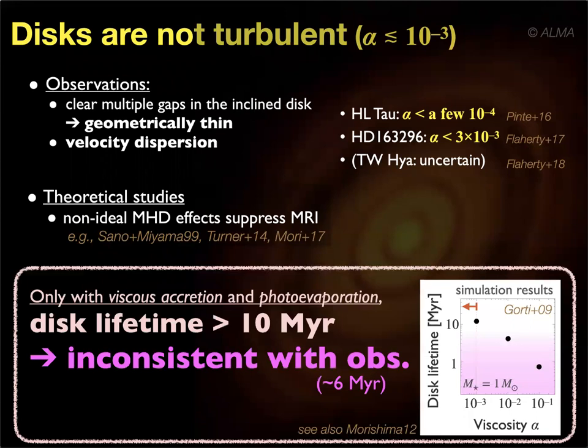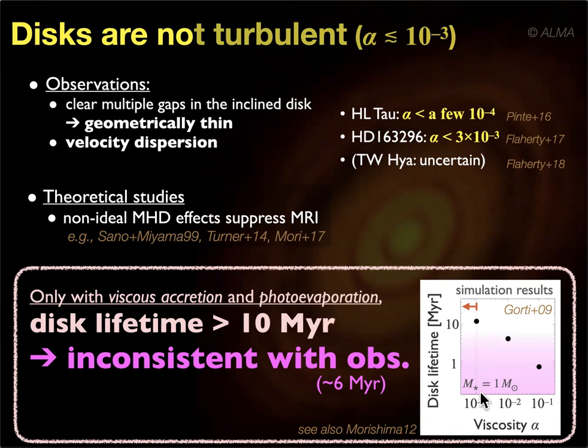But if we consider only the viscous accretion and the photoevaporation, previous studies have suggested that the disk lifetime exceeds 10 million years. So this is inconsistent with observations. This figure shows the disk lifetime with viscosity alpha parameter.